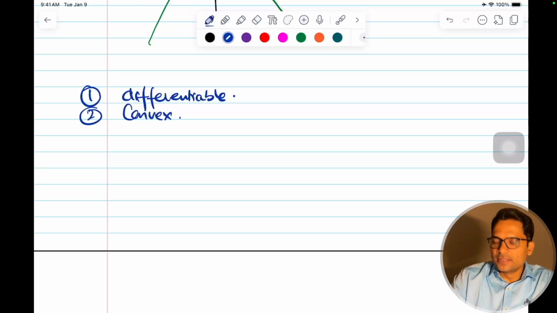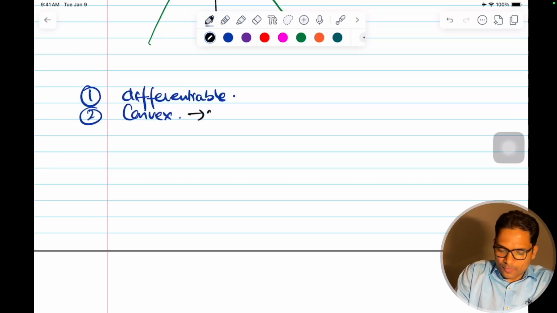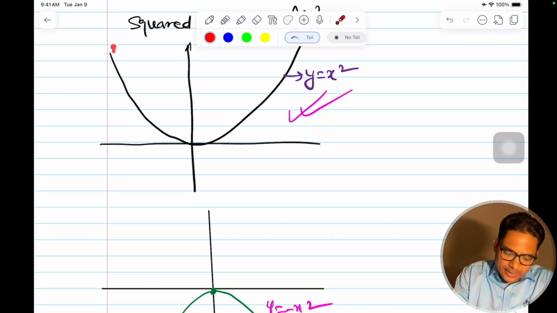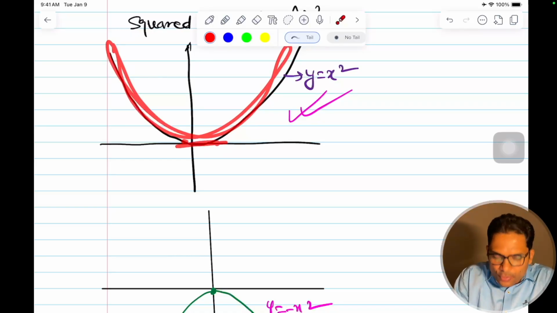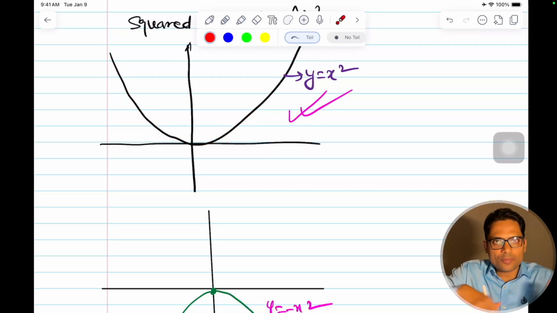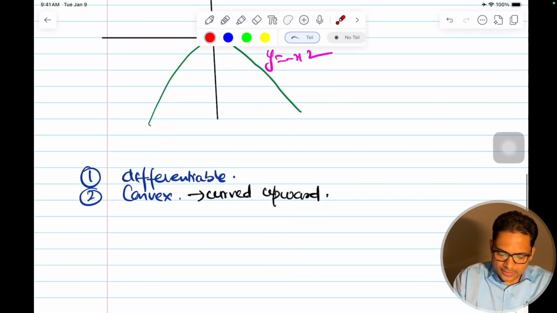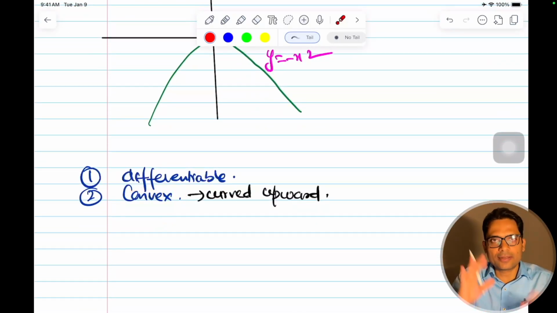Okay, so what is convex? Convex means it is curved upwards. Only when a curve is curved upward will it have a minima point, right? If it is something like this, only then that will have a point of minima. The value will be here. So that's the reason it should be convex, so that we can get the minimum loss.